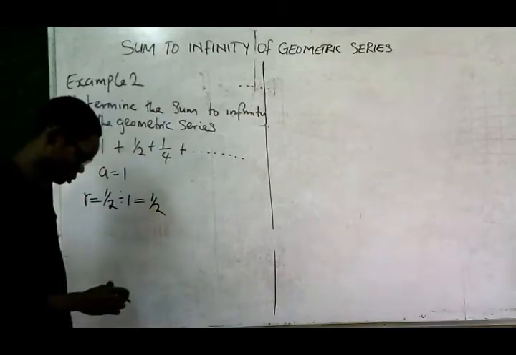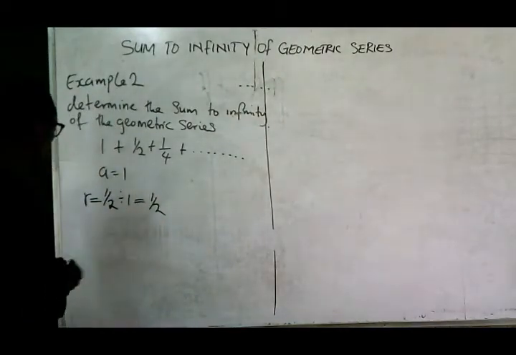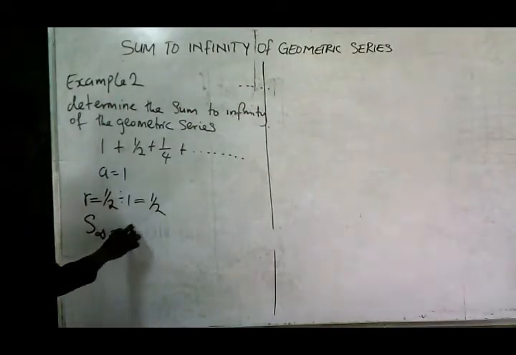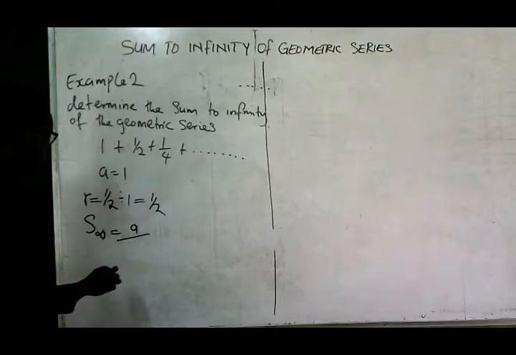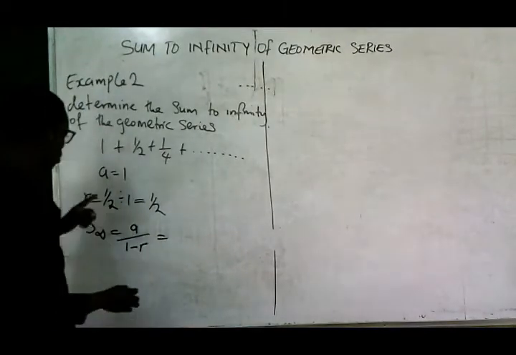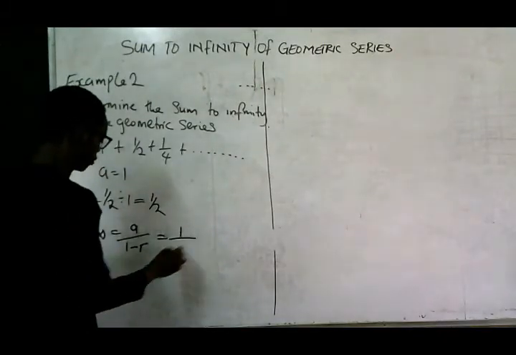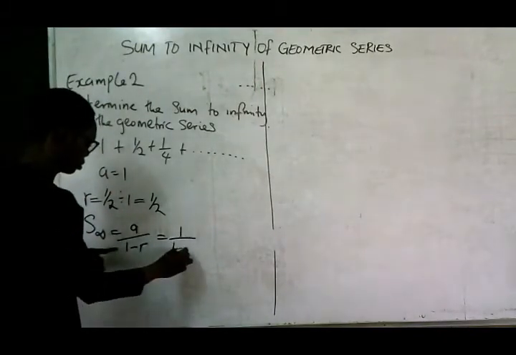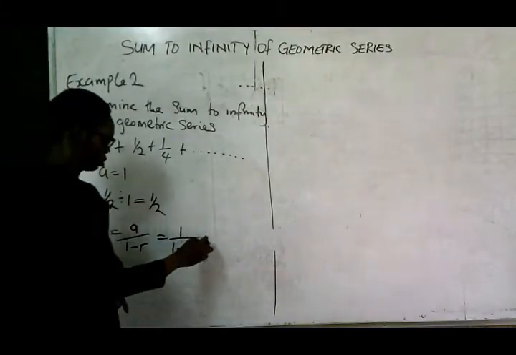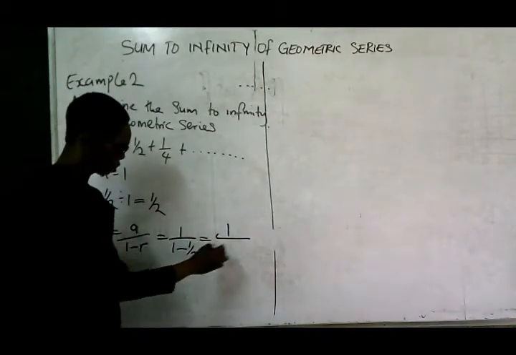So having known that the common ratio is 1 over 2, we bring this formula, sum to infinity is equal to a over 1 - r, which is 1 over 1 - 1 over 2. 1 - 1 over 2 will give me 1 over 2.